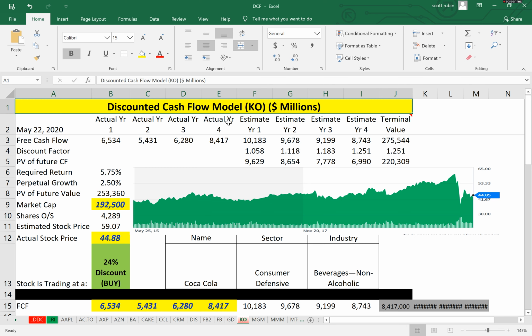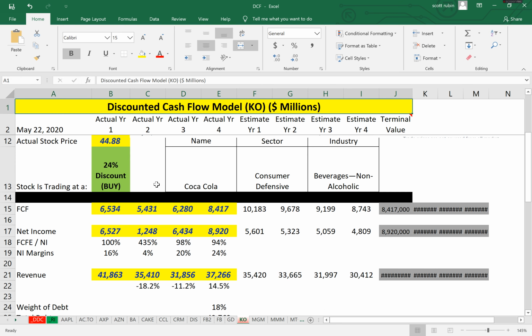So the job of you, the analyst, to decide if you want to buy this company is not only the previous financial information, you have to look at the future. Do you think Coke is going to be viable in the future? It's been around over 100 years. It's probably going to be viable. I don't think there's that much risk with Coke, as you can tell with the low beta, but you don't know how long it might take for them to get back to where they used to be.